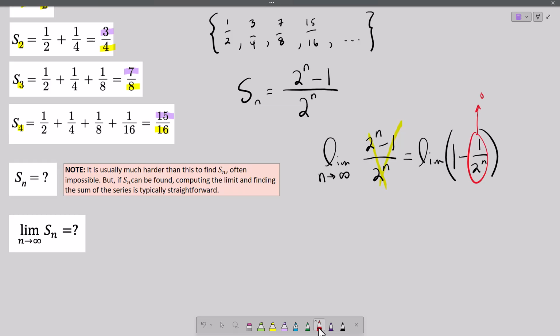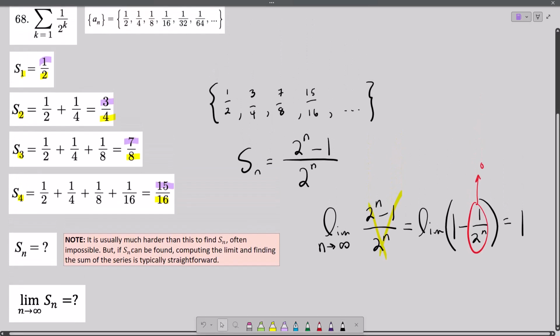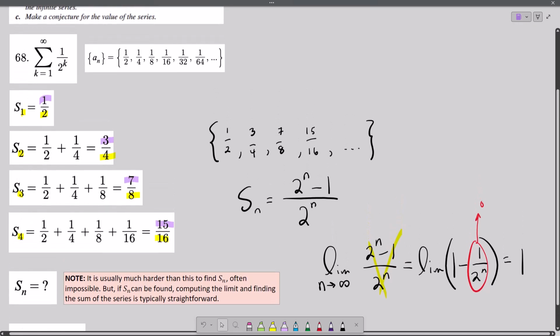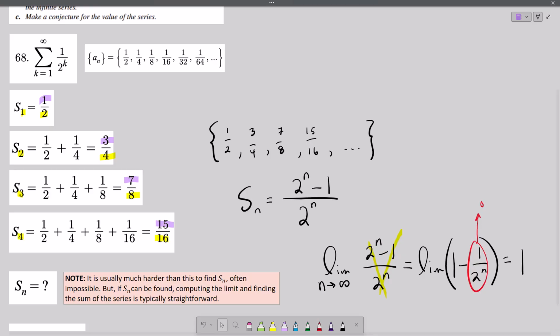The fraction has a constant numerator, so the fraction values are going to go to 0. So this limit is 1. So that tells us that the sum of the series is 1. That means that you can say the series converges to 1. You could say that the value of the series is 1. Say either of those things.